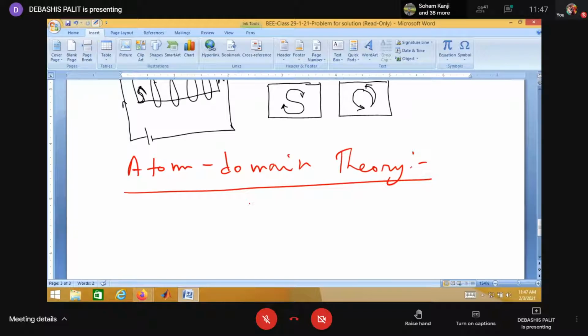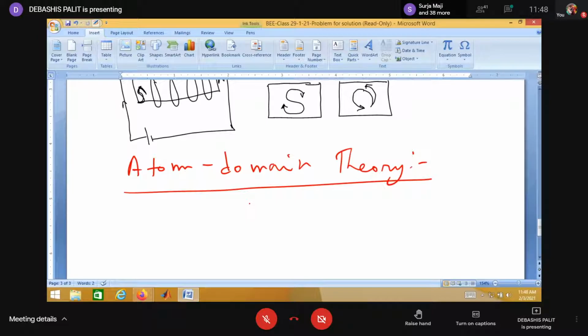Positive spin means the direction of spin of the electron on its axis. If it is in one direction, it is called positive, and if the direction of spin of the electron is opposite, it is negative spin. If the net positive spin is not exactly equal to the net negative spin, then it will show dipole orientation, and magnetism behavior will be there.